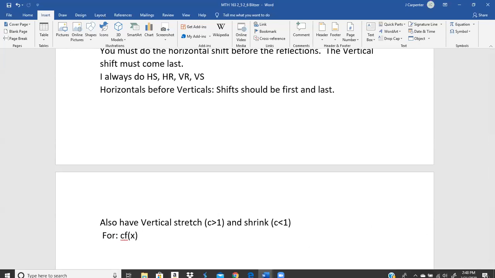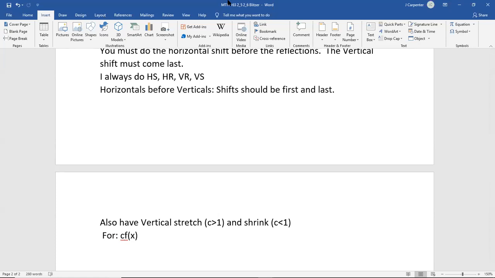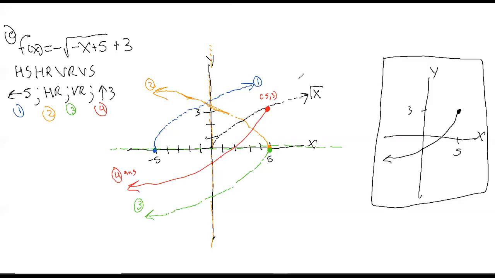So I'm just going to really quickly do an example of this. Example 5. For A, we're going to go with f of x is equal to 5x squared.